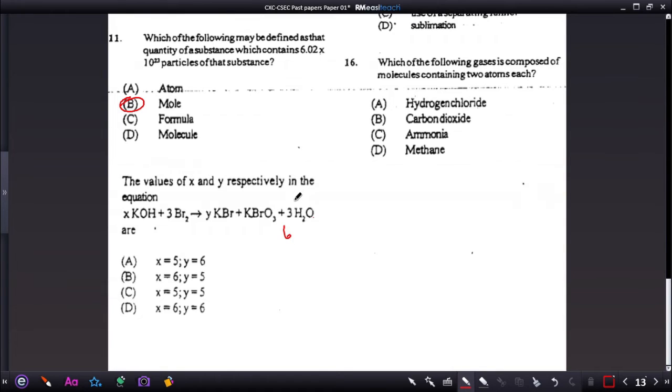The oxygens need to be balanced, and over here that would be 6. And if there are 6 potassium, 6 also need to be on this side. We already have 1, so this is 5. So X is 6, Y is 5. X 6, Y 5, so that's B.